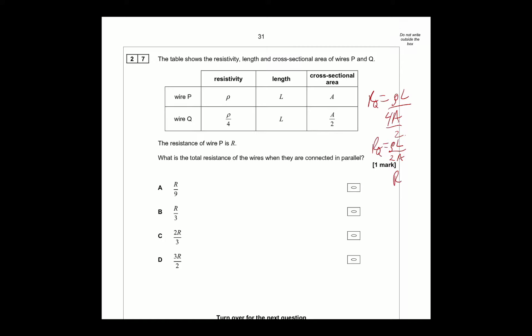RQ equals 1/2, so it's equal to R over 2. Now we've got 1 over R plus 2 over R equals 3 over R, so it's R over 3, our final resistance. B.